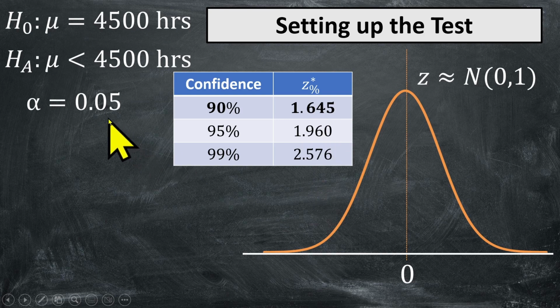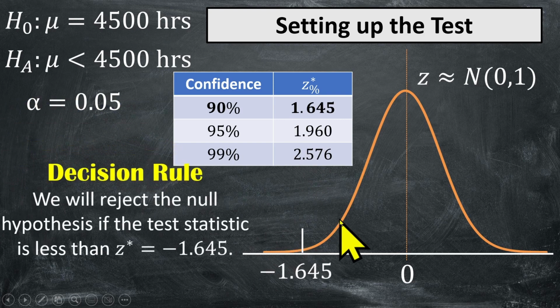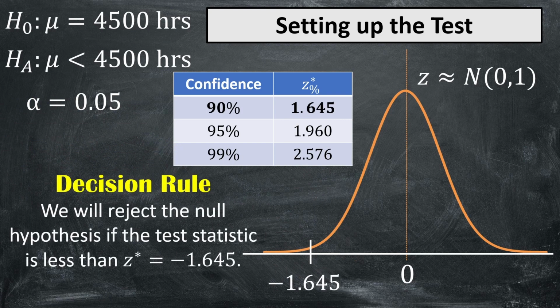And so if we're going to conduct our test at the 5% level of significance, and because it's a lower tail test, we're going to put a critical value here on the left that puts 5% in that lower tail. That critical value is minus 1.645. And so the decision rule is that we will reject the null hypothesis if our test statistic is to the left of this critical value. In other words, if it's less than minus 1.645.